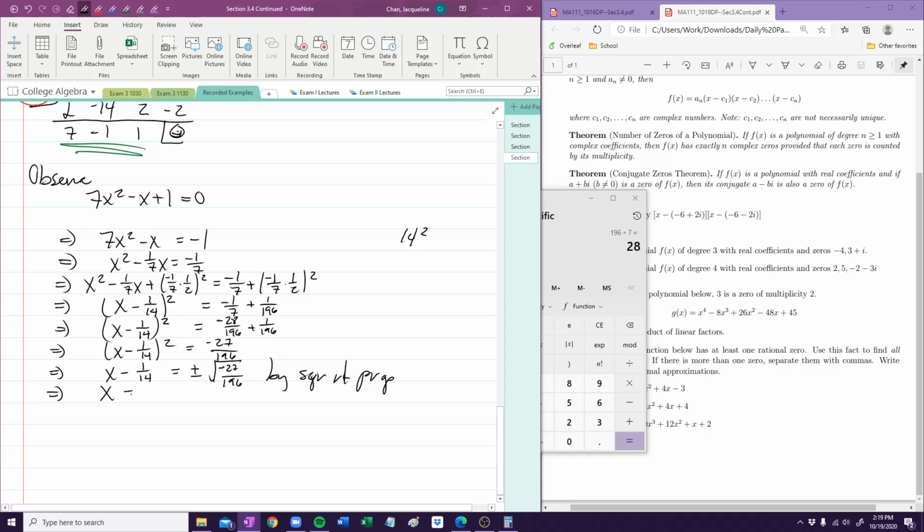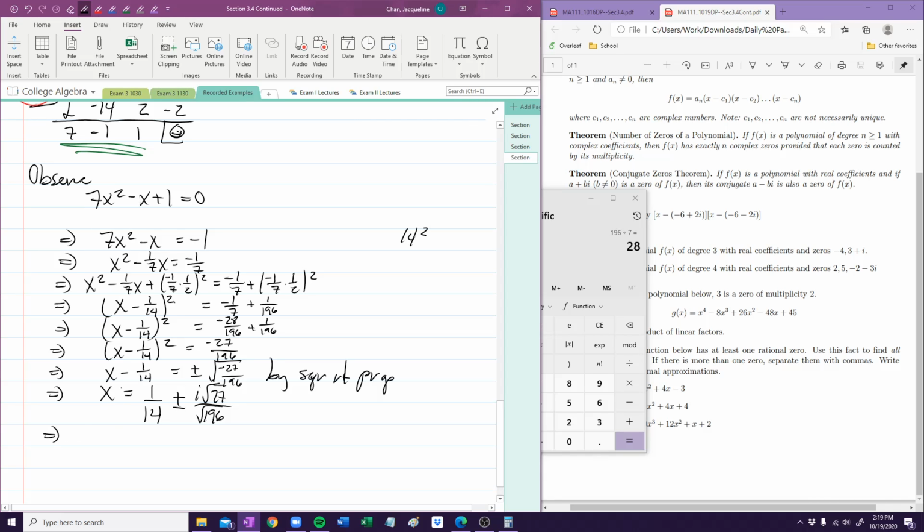Solving for x, I get x is equal to 1/14 plus or minus, right? And then the square root of negative 27 over 196 is plus or minus i square root of 27 over the square root of 196.